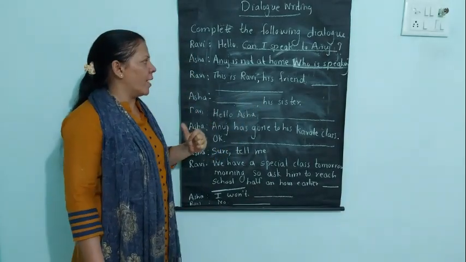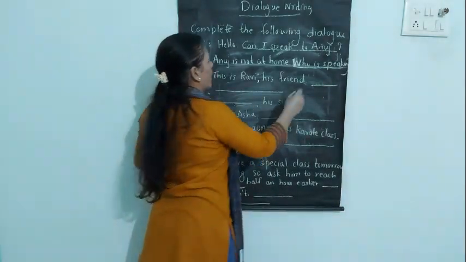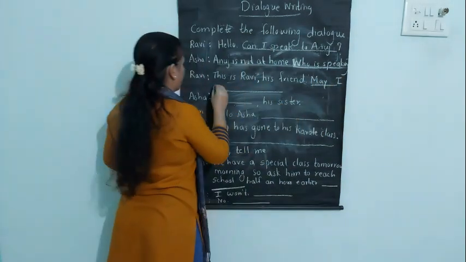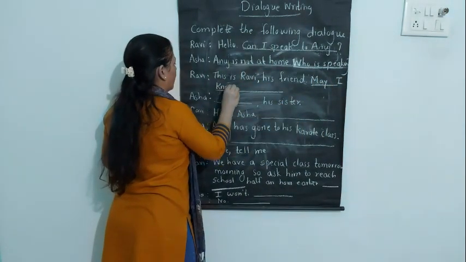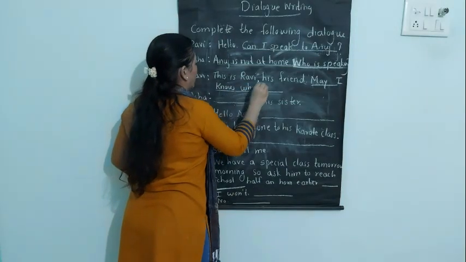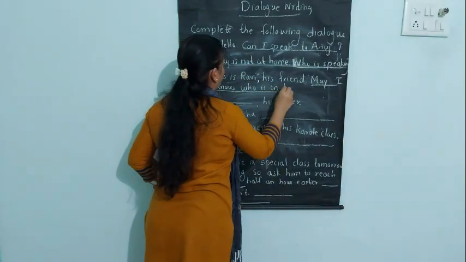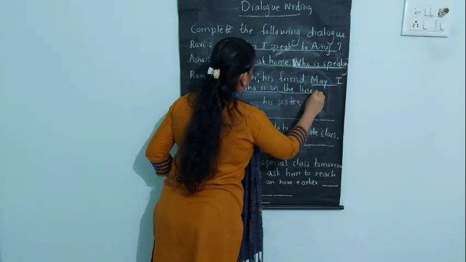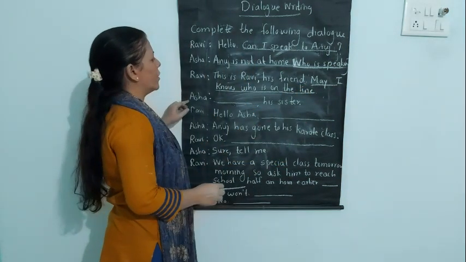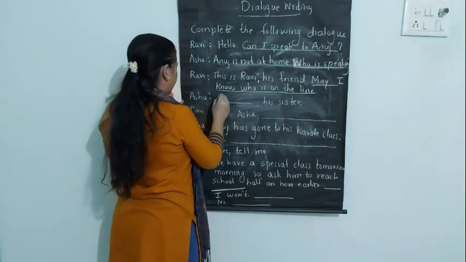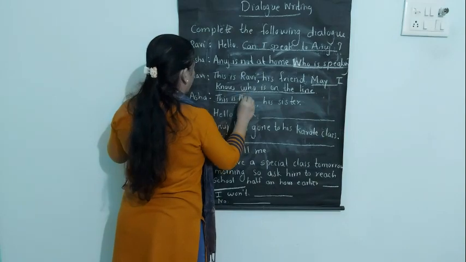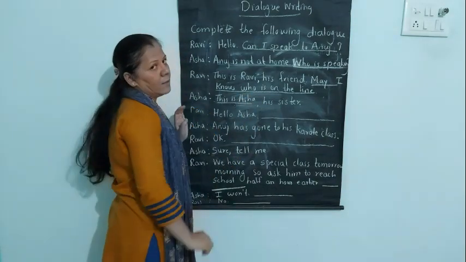So how will you form a dialogue? May I know who is on the line? So Asha will say, this is Asha, his sister.